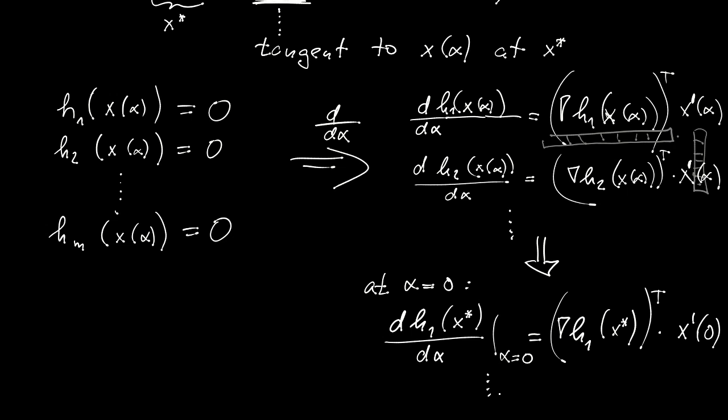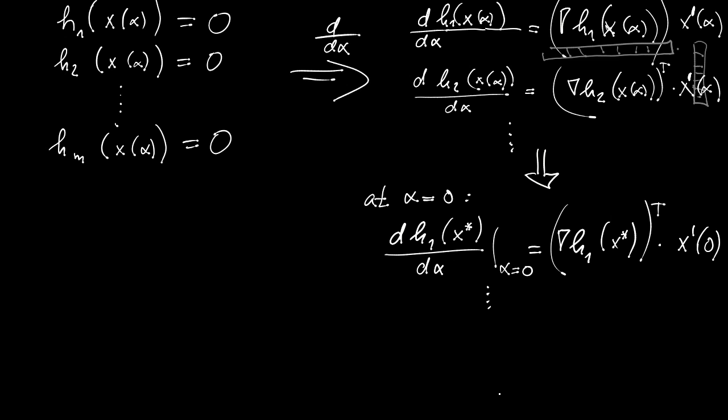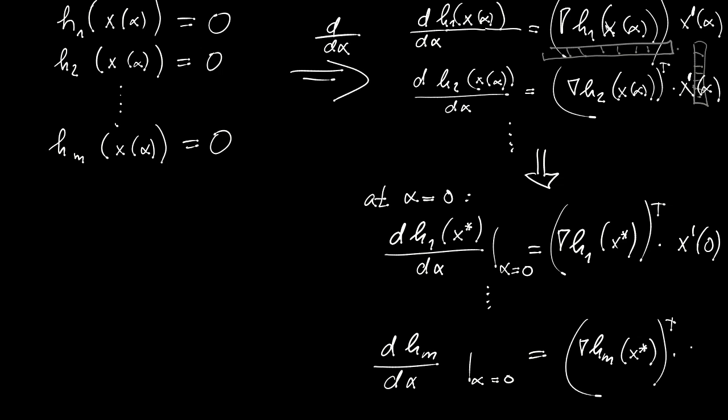And similarly for all other terms, so up to dh2 with respect to d alpha evaluated at alpha equal to 0 is the gradient of hm at x prime times x prime 0.